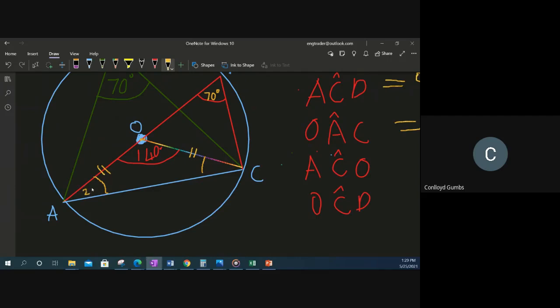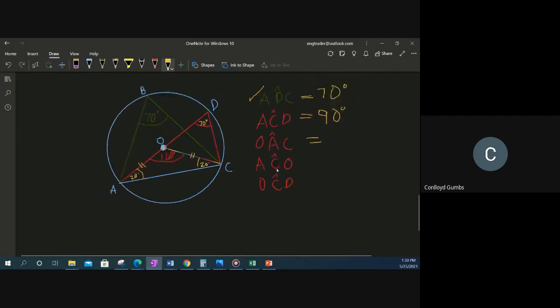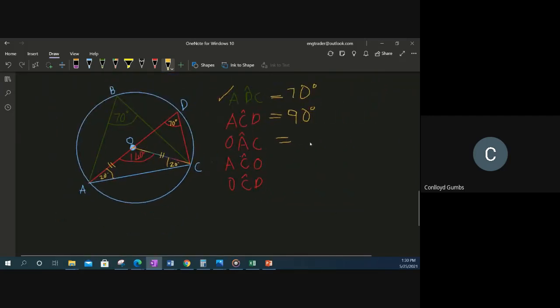So here is 20, and here is also 20. So we know that OAC is 20, and we know that ACO is also 20.